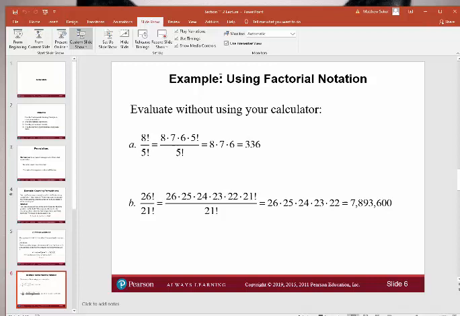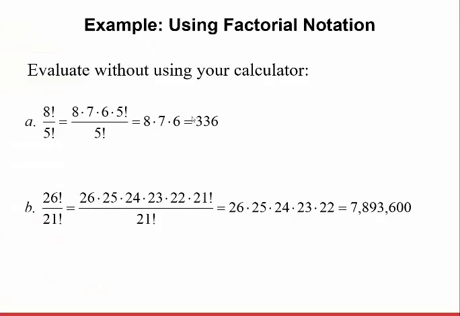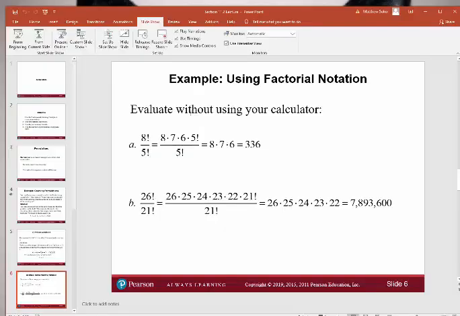Let's do some examples real quick, and I'll show you how to use your calculator for this. If you wanted to do 8 factorial divided by 5 factorial, well, 8 factorial is 8 times 7 times 6 times 5, 4, 3, 2, 1, which is 5 factorial, divided by 5 factorial. Notice the 5 factorials cancel out, and you're just left with 8 times 7 times 6, which is 336.